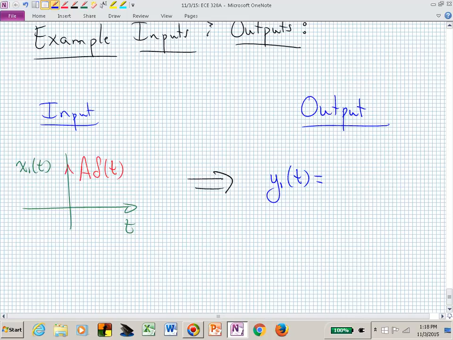But you have knowledge of the impulse response of this system. And what are you applying at the input? An impulse. And we know how the system responds to an impulse. That's h. So now all we have to do is weight that by a. The output for this system is a h of t. It's just the impulse response weighted by however much we've weighted the input.